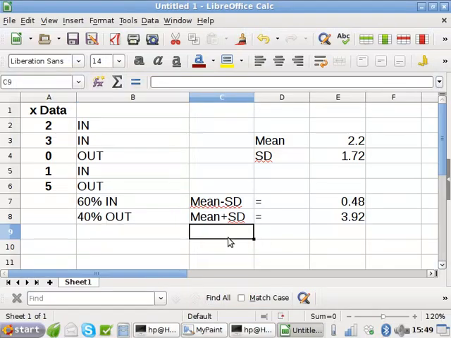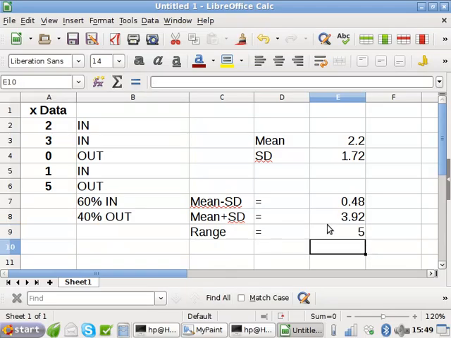What's the biggest number? It's 5. And the smallest? 0. And what is 5 minus 0 divided by 2? 2.5. Now, is that the same as the standard deviation? No, it's 1.72, but it's close.